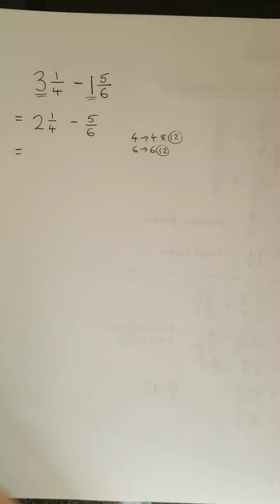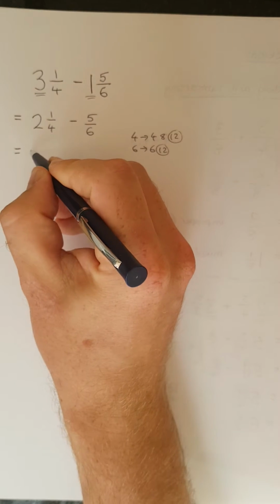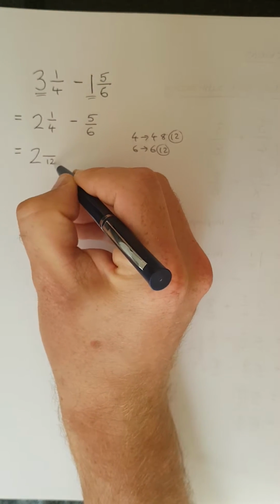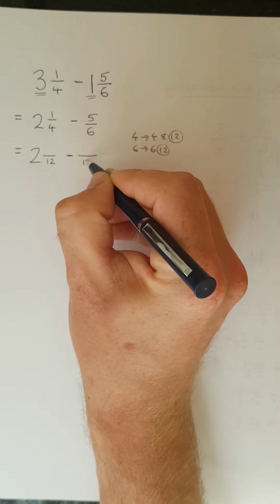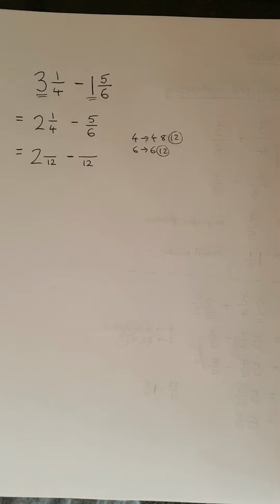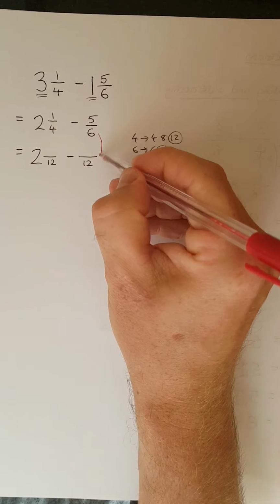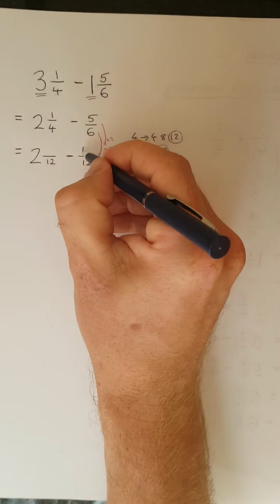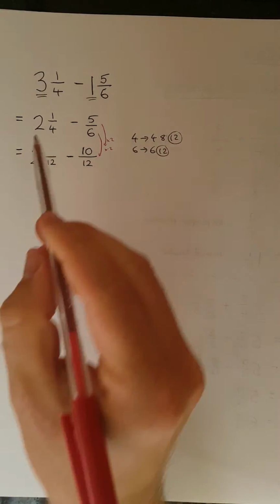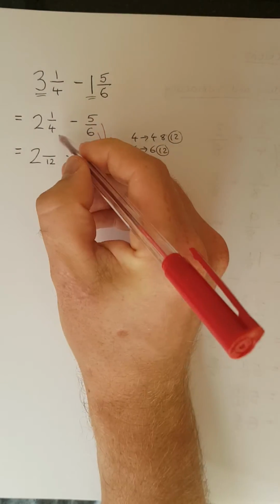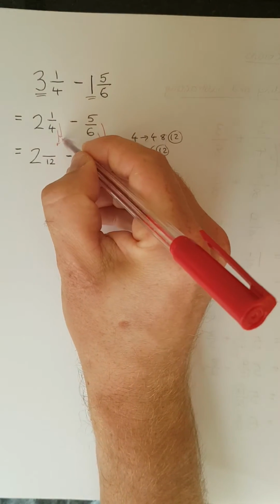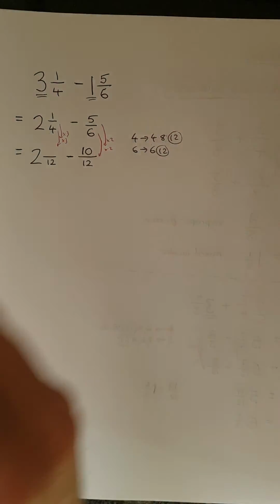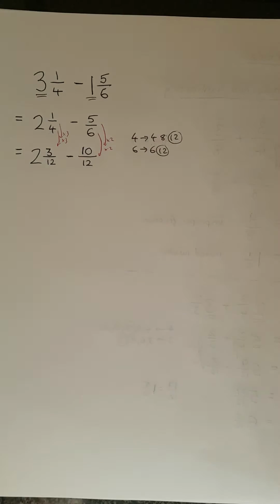Well, they meet very early on at 12. To get from 6 to 12, I had to double both numbers. And to get from 4 to 12, I had to times both numbers by 3. So I've used my rule for adding and subtracting fractions.